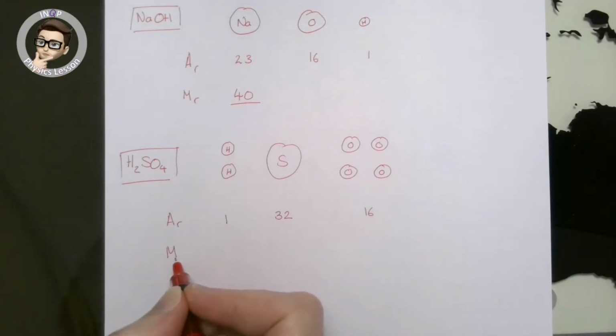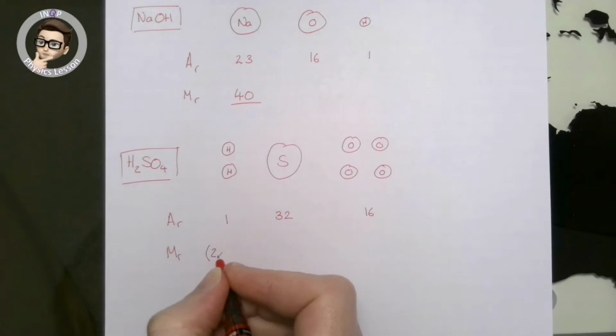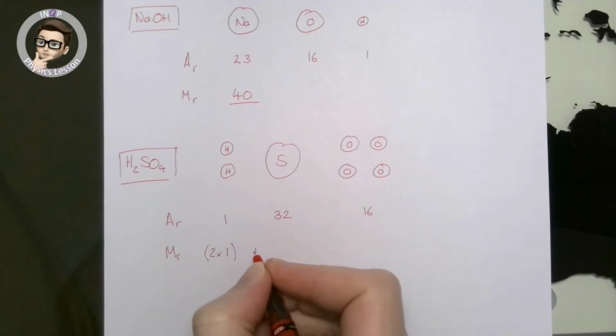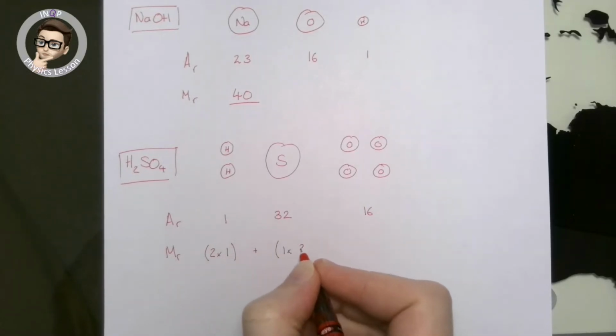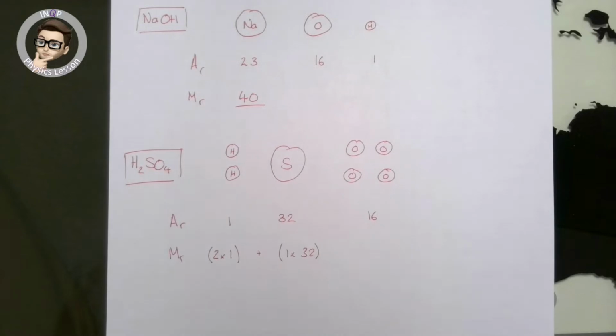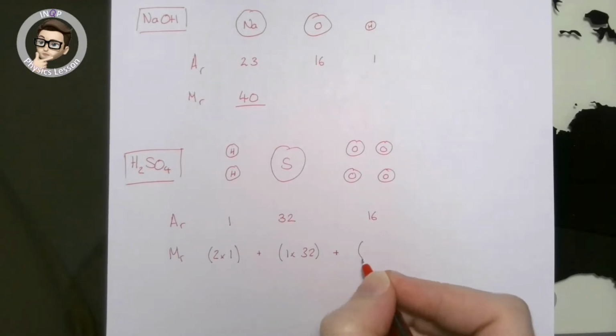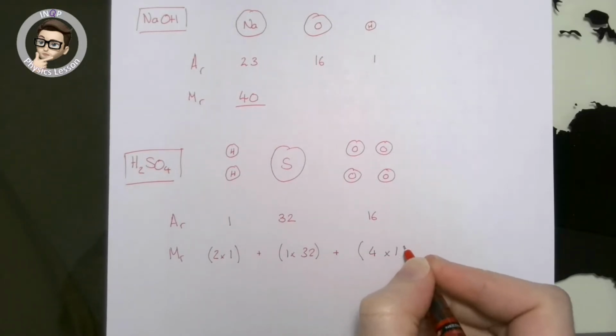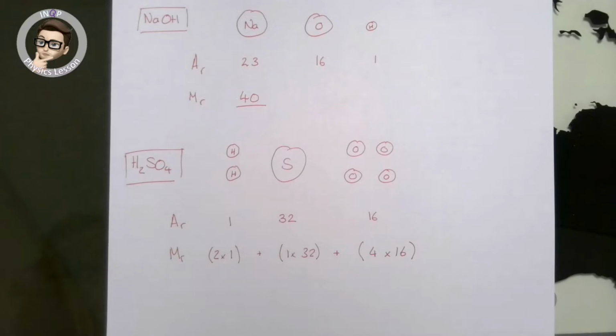So our relative molecular mass is going to be 2 lots of 1, 1 lot of 32 (don't really need to keep the 1 there, but we'll do it for argument's sake right now), and 4 lots of 16. If we add them all together, the relative molecular mass of sulfuric acid is going to be 98.